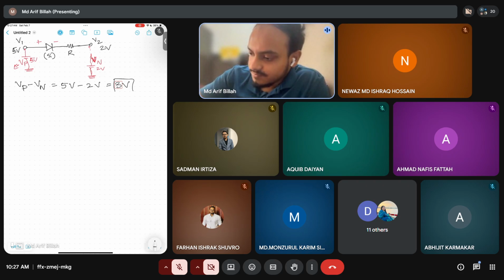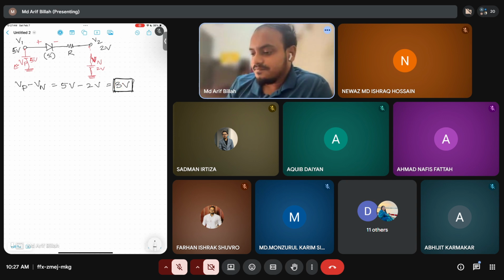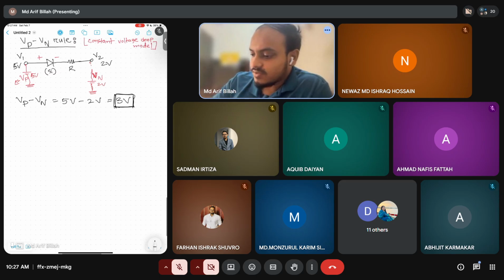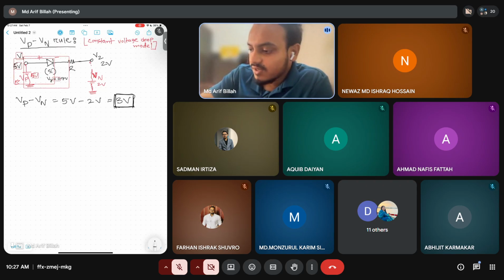Once you have a value, তখন you'll have to consider is it forward biased or reverse biased. So obviously, for silicon, V gamma is 0.7 volt, right? So 3 volt is more than 0.7 volt.